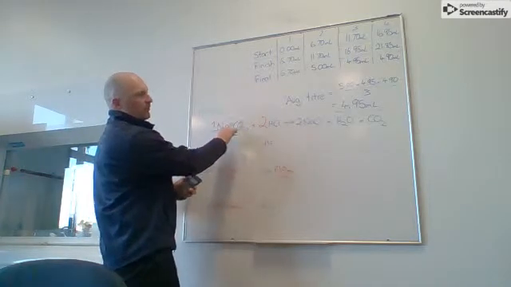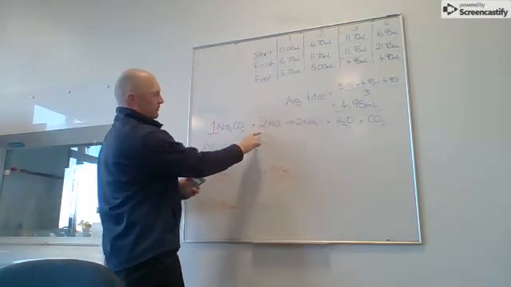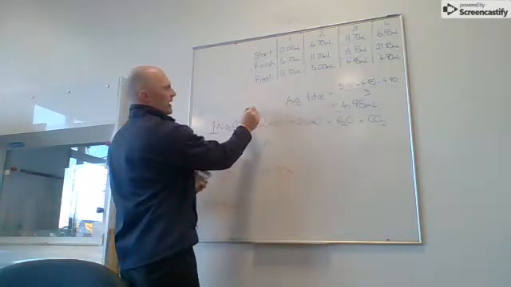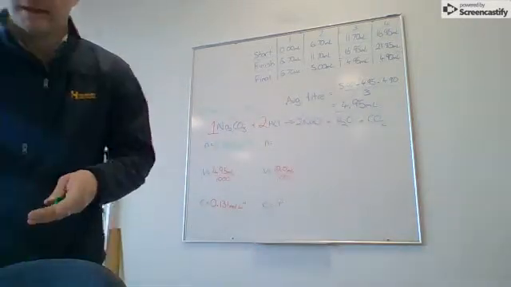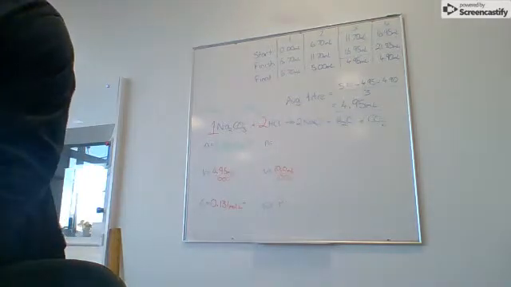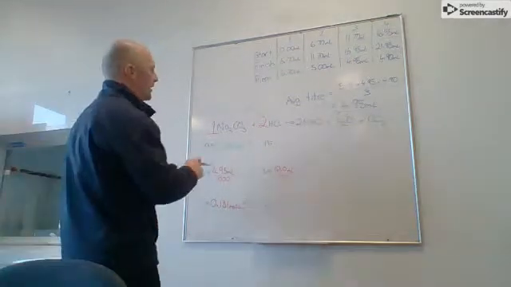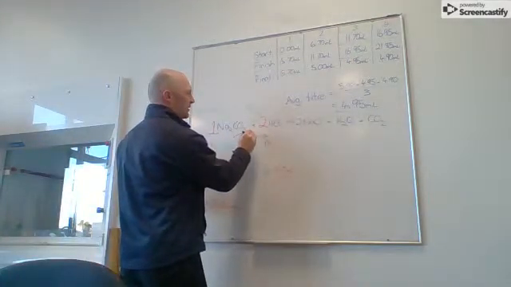One mole reacts with 2 moles. So that we are timesing by 2. So we're going to do the same thing to what we've got down here. We're going to times that one by 2 as well.